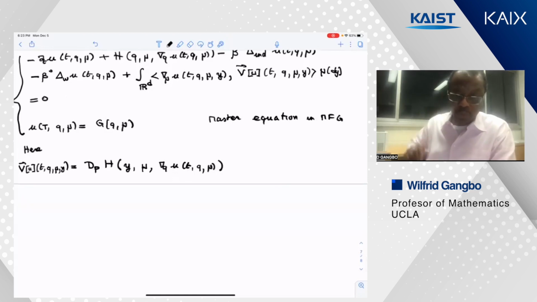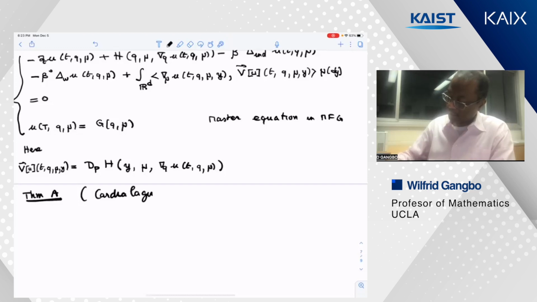So I want to end by stating the two existence results which are known for the master equation. Theorem A, this is due to Cardaliaguet, Delarue, Lasry, and Lions.